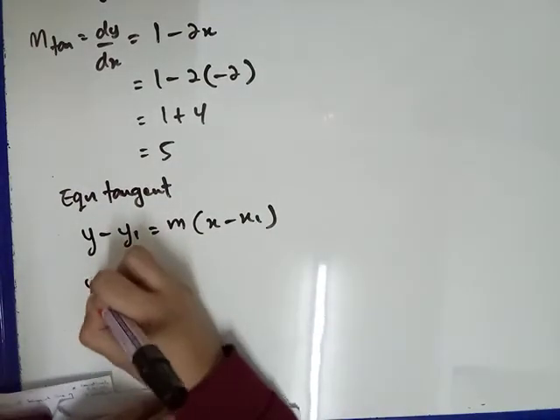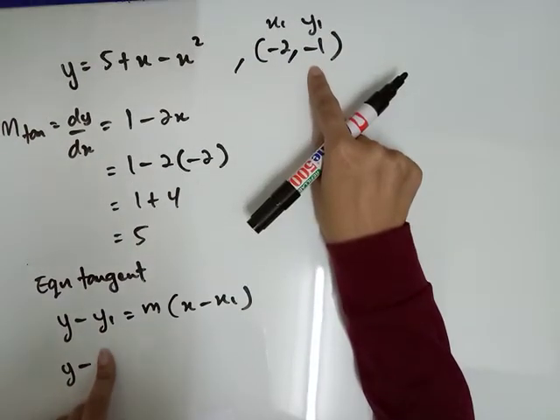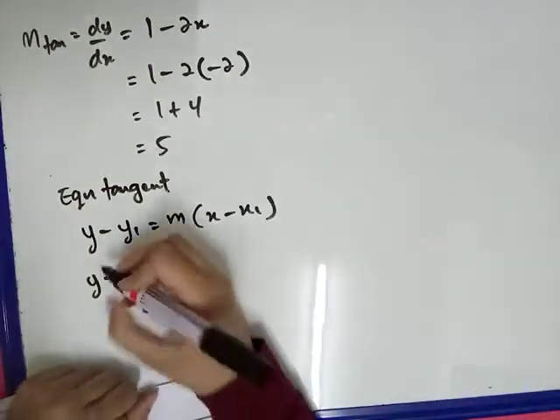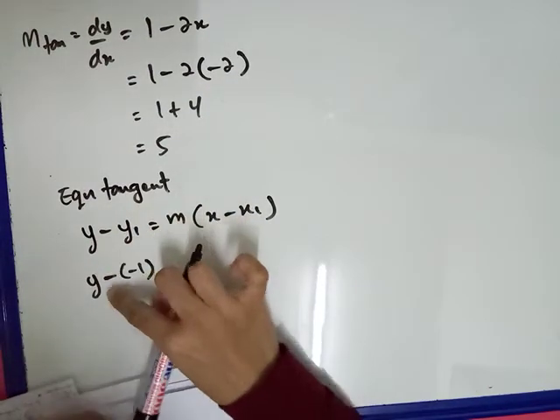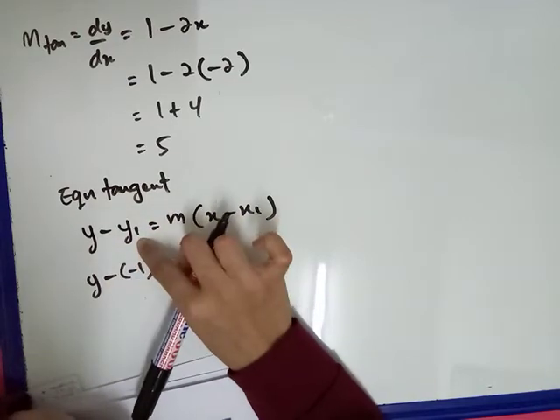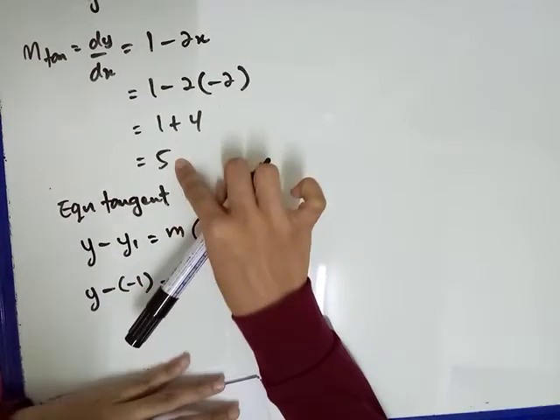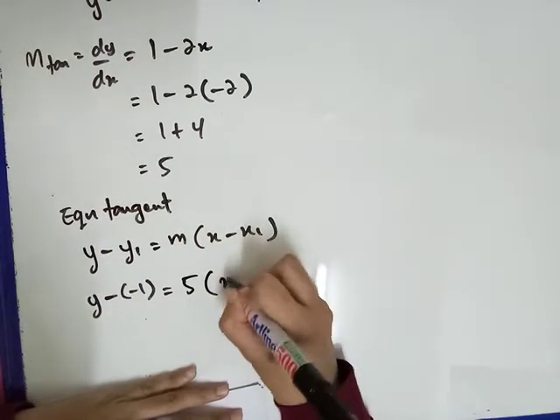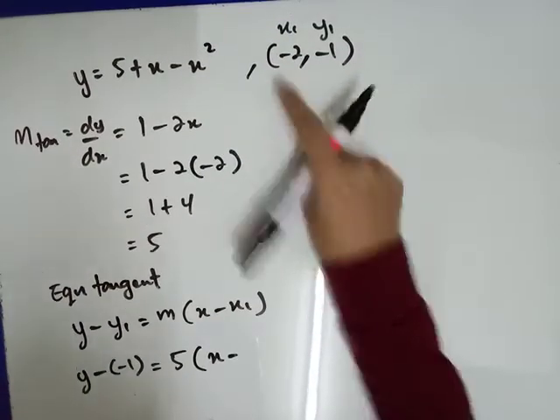We know that y1 is negative 1 and x1 is negative 2. So substitute into the formula. y minus y1, where y1 is negative 1. m is this one, 5, the gradient of the tangent. x minus x1, where x1 is negative 2.